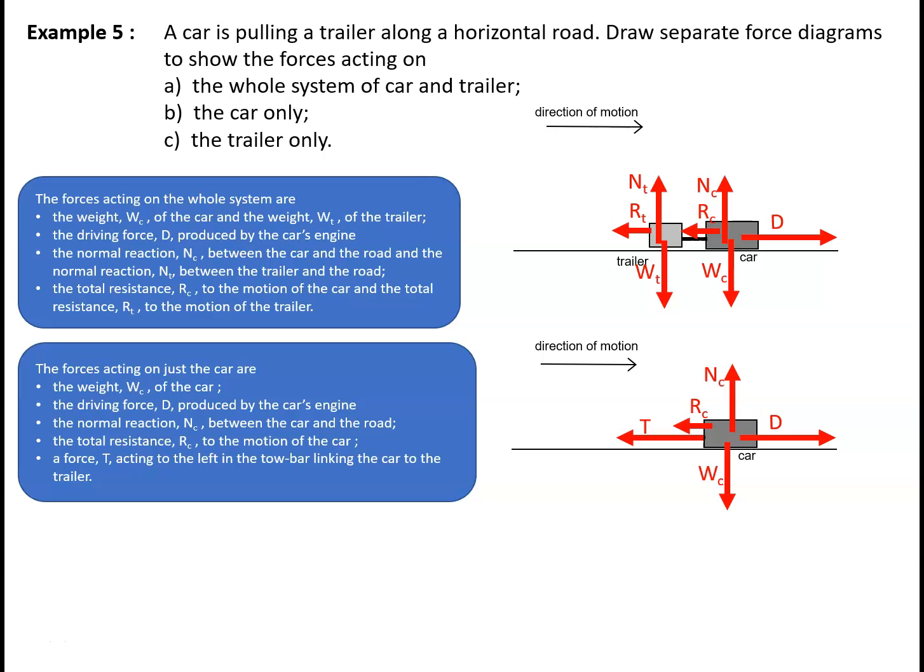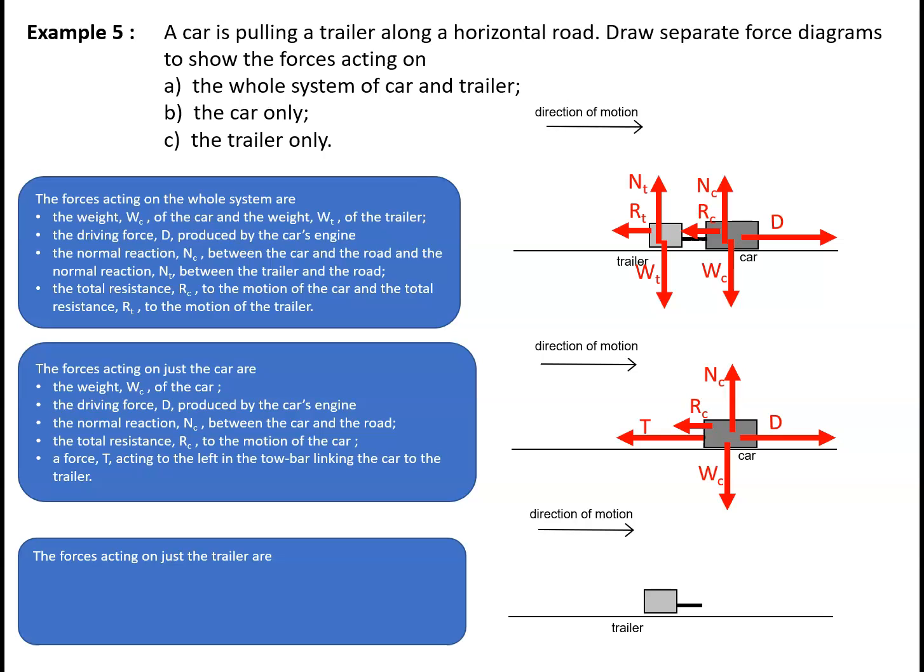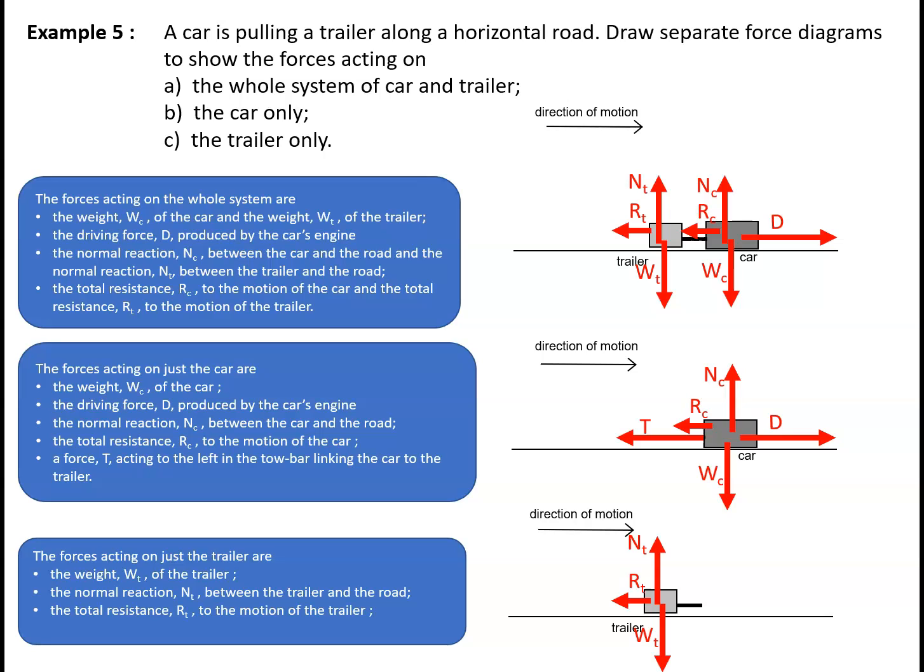If we now move to the forces acting on the trailer alone, we have the weight of the trailer, the normal reaction between the road and the trailer, the resistance to the trailer's motion, and then the force in the tow bar connecting the trailer to the car, which is pulling the trailer to the right, and will be equal but opposite to the force that the car experiences from the tow bar.